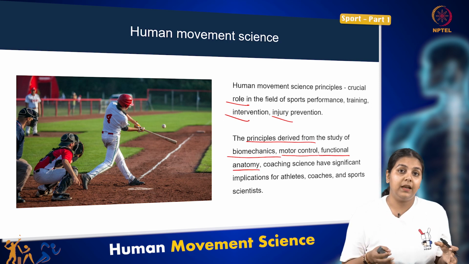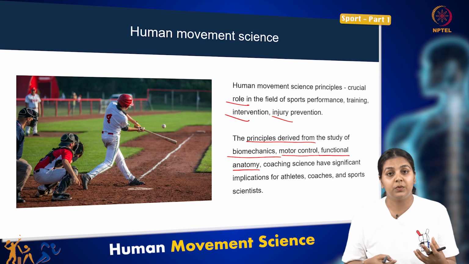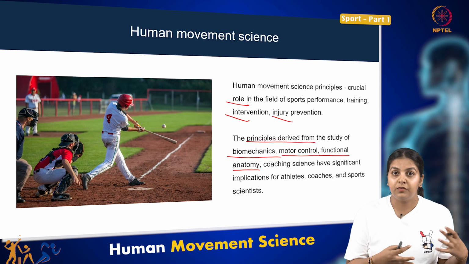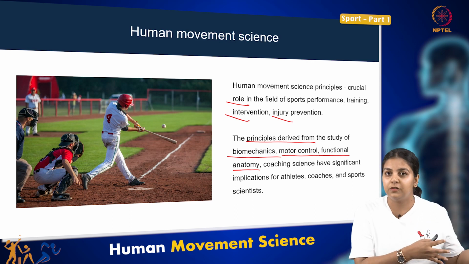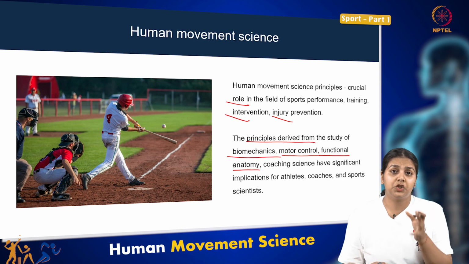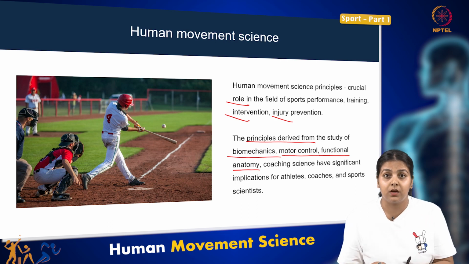Now, do bear in mind that there is a lot of physiology involved as well, but for the purpose of this course, we have not included physiology. It's pertaining only to the muscle physiology or the skeletal physiology. However, there are additional units attached to this course of sports science, and you can have a look at them for detailed information.